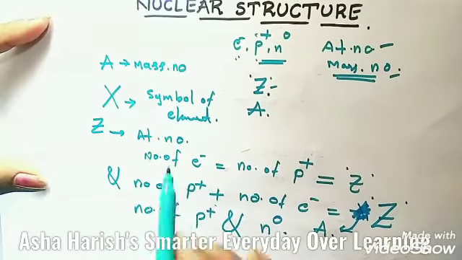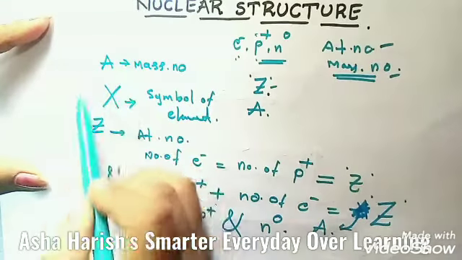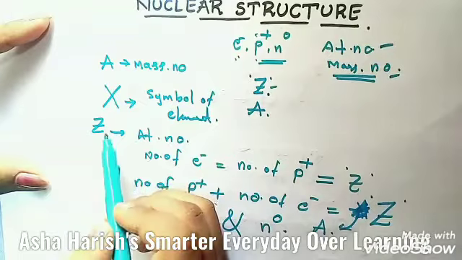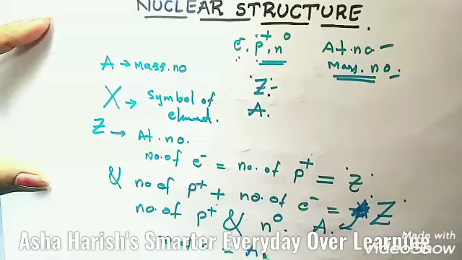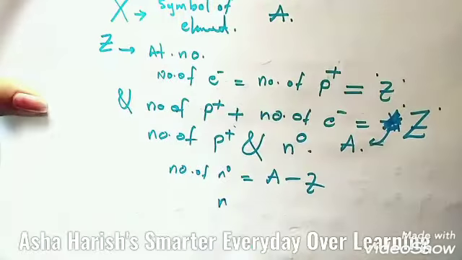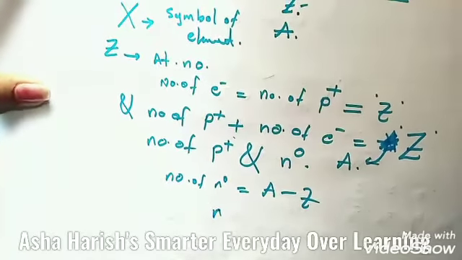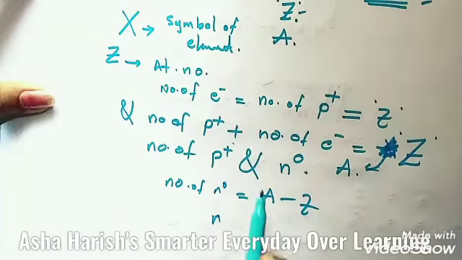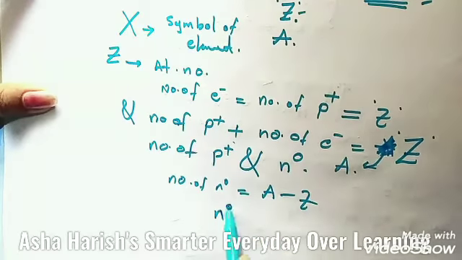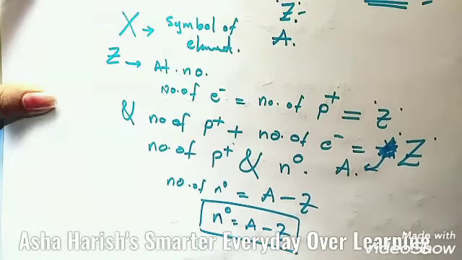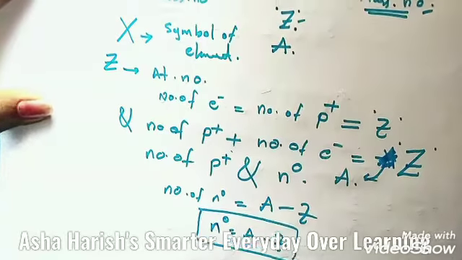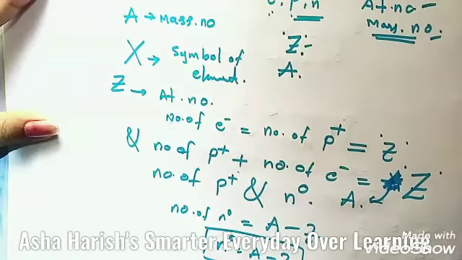And suppose, by using this formula, if you want to calculate the number of neutrons, the formula is A minus Z. That means atomic mass minus atomic number. By using this formula, you can calculate the number of neutrons present in that element.